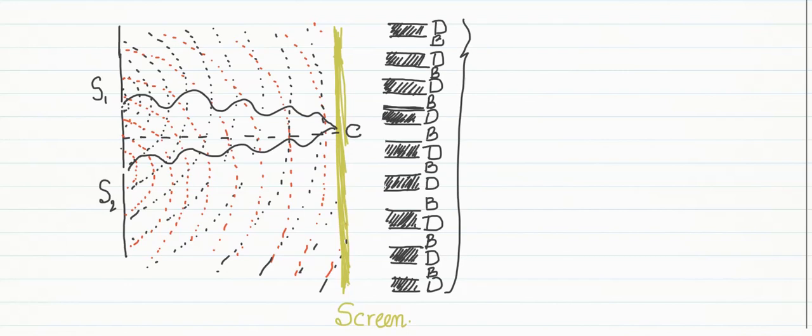That means we can say the intensity at the point C can be written as IC equal to I1 plus I2 plus 2 root I1 I2 cos del, where I1 and I2 are the intensities of the waves coming out from S1 and S2.